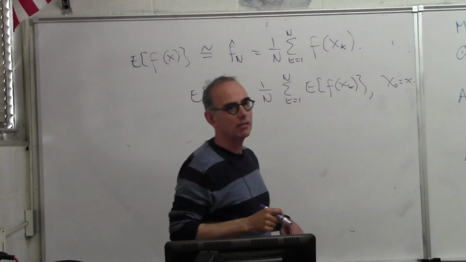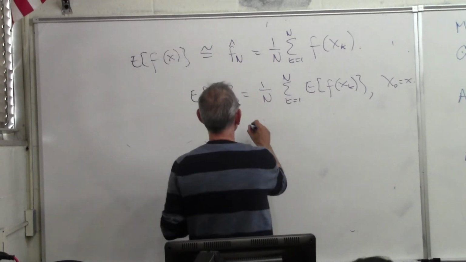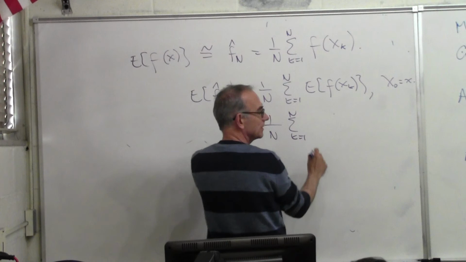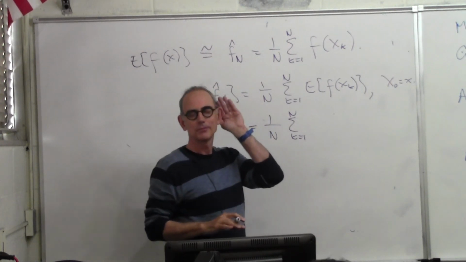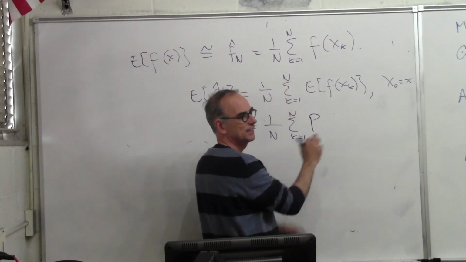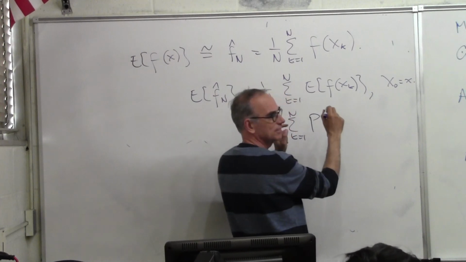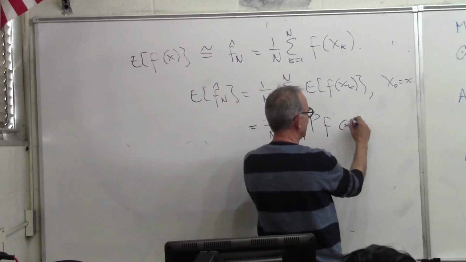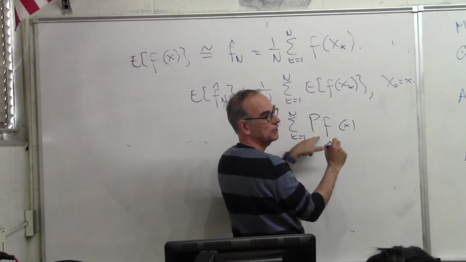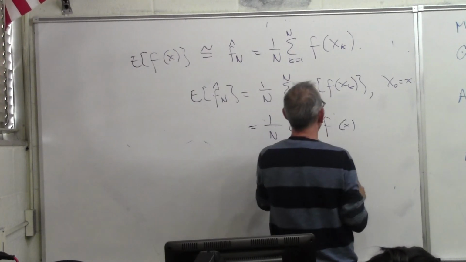I didn't put this on the exam, I decided just to give you a break, but now we'll write it down. This is 1 over n, summation k equals 1 to n of f of X_k.